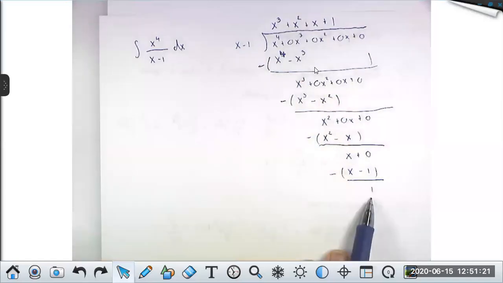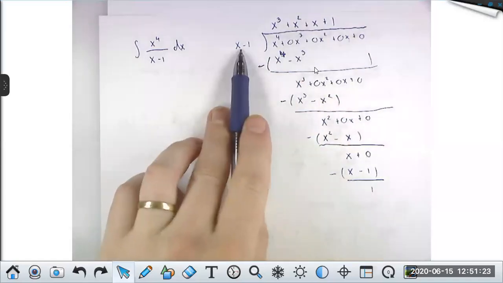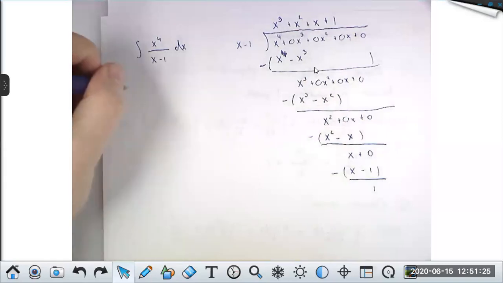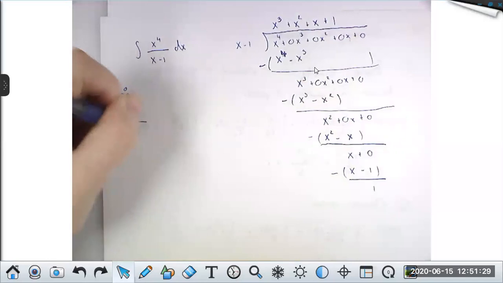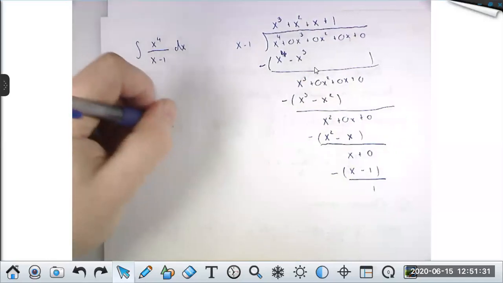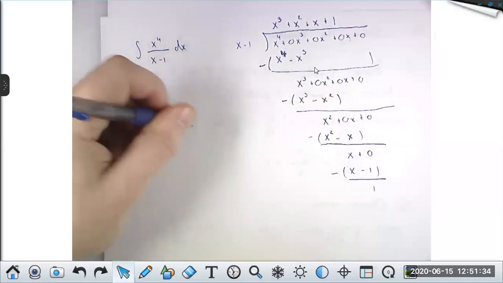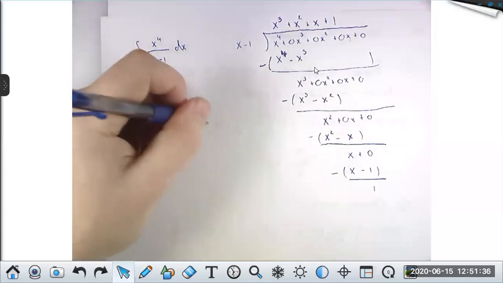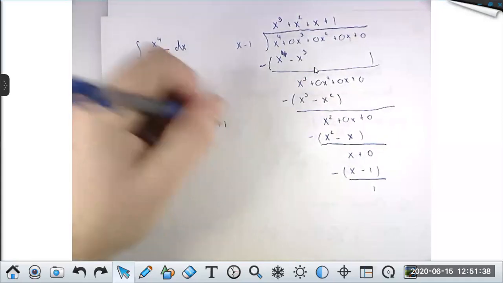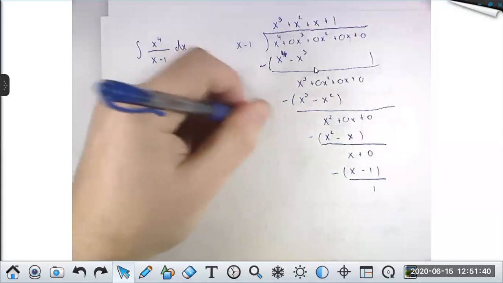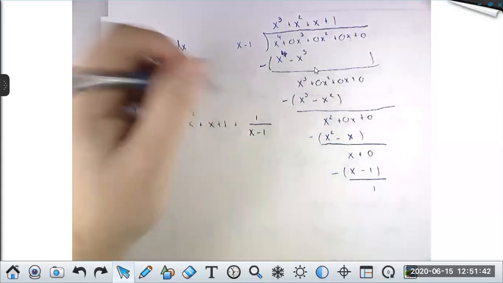Now the degree of this is strictly less than the degree of this. So in other words, what I've discovered here is that x to the 4 over x minus 1 is really x cubed plus x squared plus x plus 1 plus 1 over x minus 1.